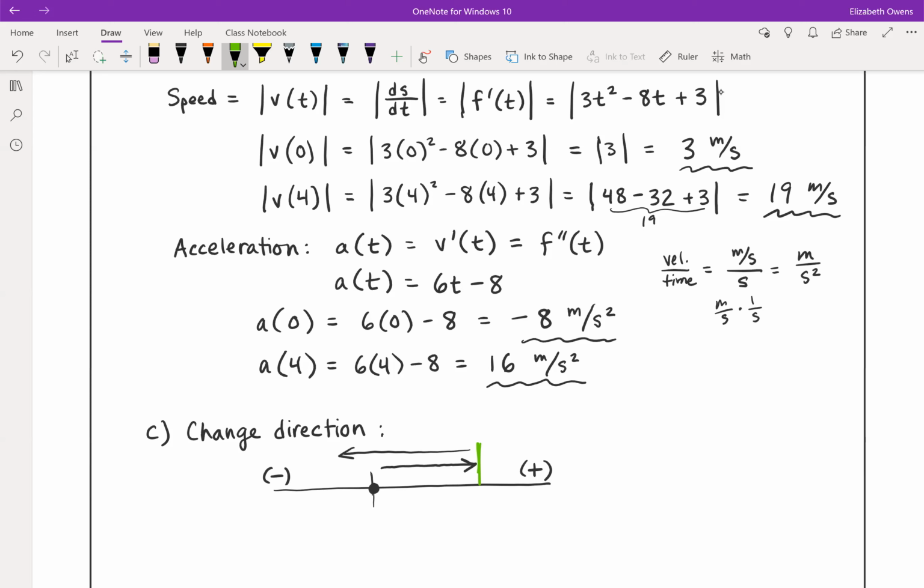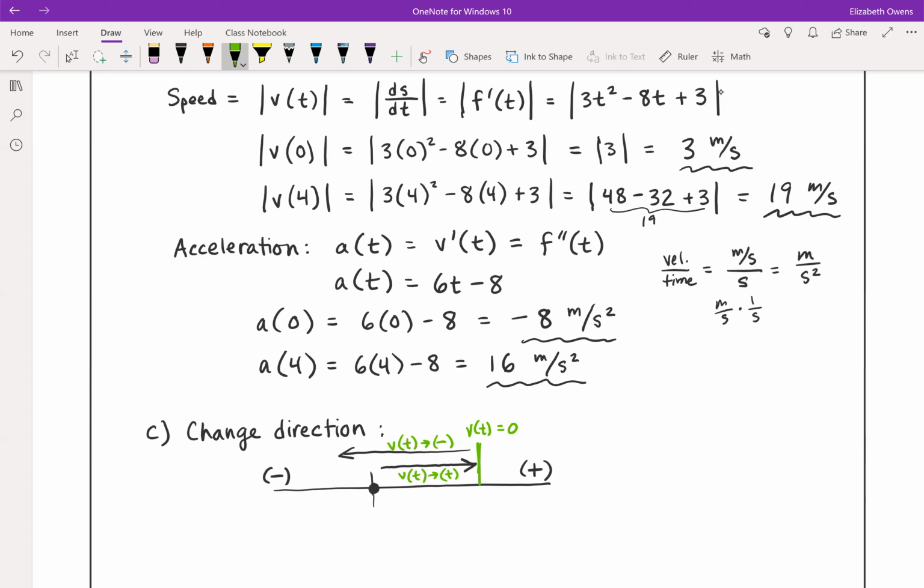So at some point in there, our velocity is going to be 0. At the turnaround point, velocity is 0 because it was moving with velocity in a positive direction, and then it switches to moving with velocity pointed in the negative direction.